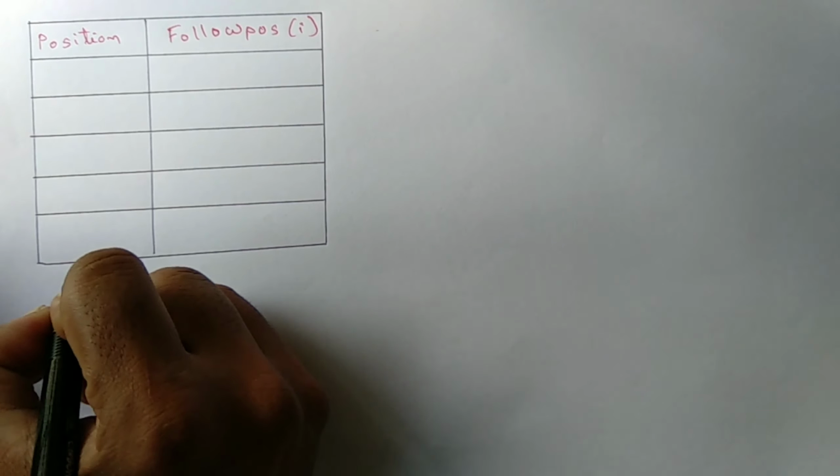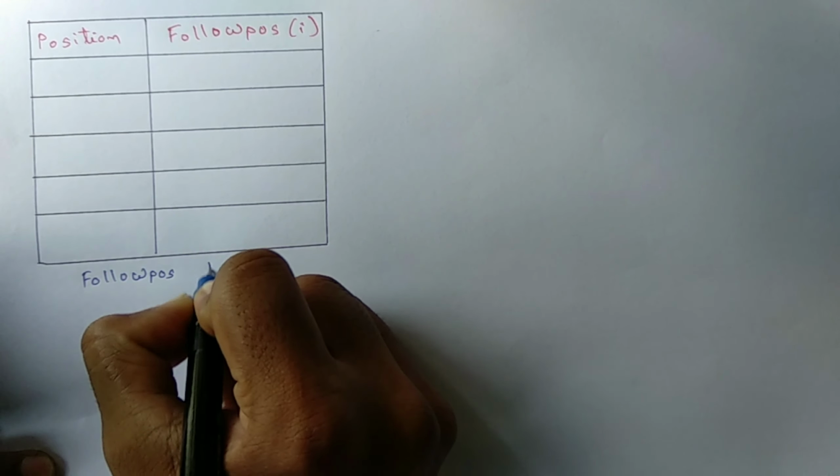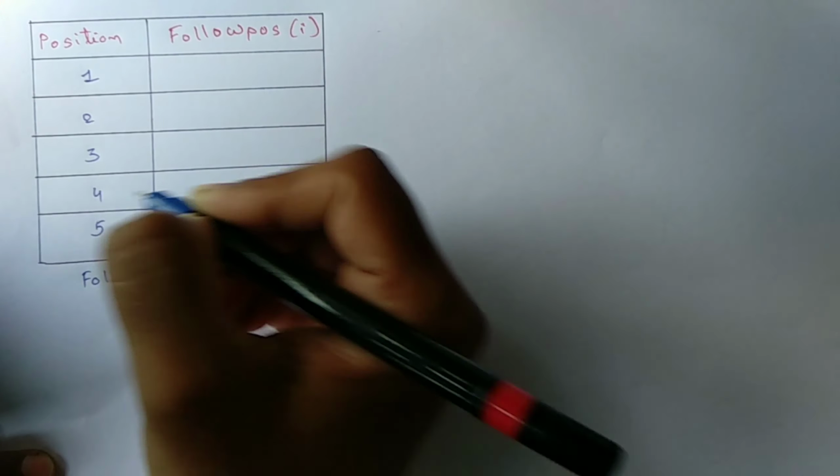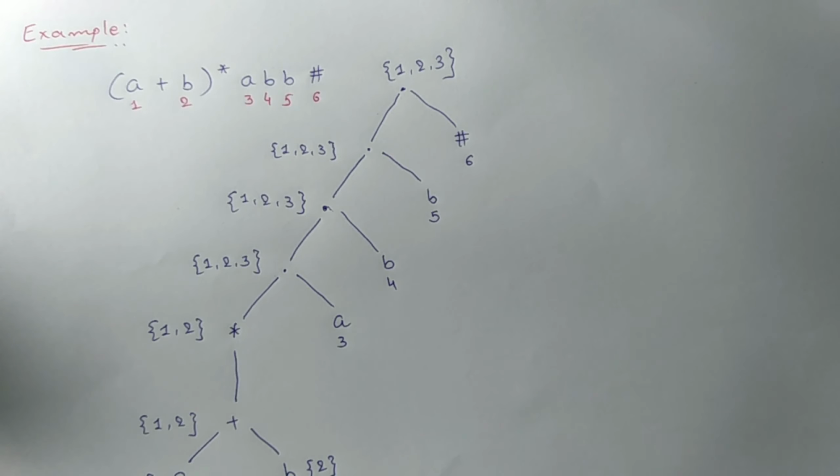So now you have to calculate the follow position table for 1 2 3 4 5. You can directly find the follow position from this syntax tree.